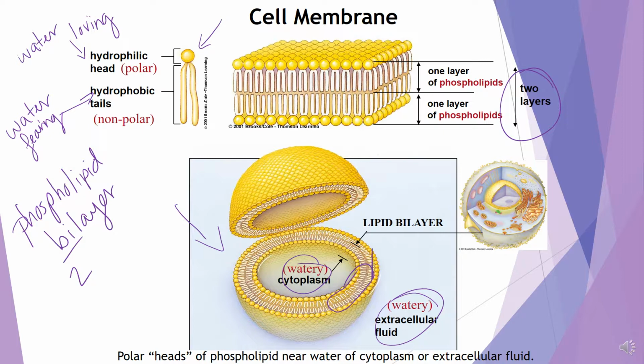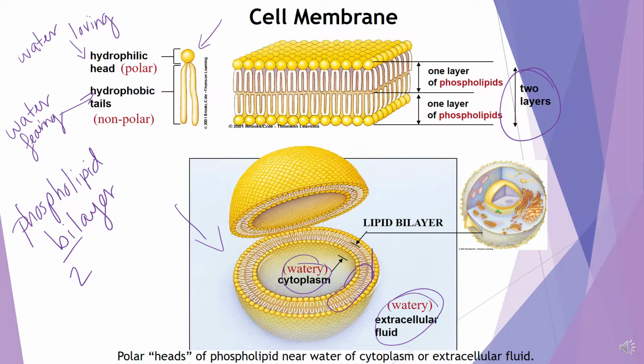And it also separates the water or the cytoplasm that's inside the cell from the extracellular fluid that's on the outside. And this water isn't going to be able to move so freely. It's actually going to need some help, and we'll talk about that in a little bit.